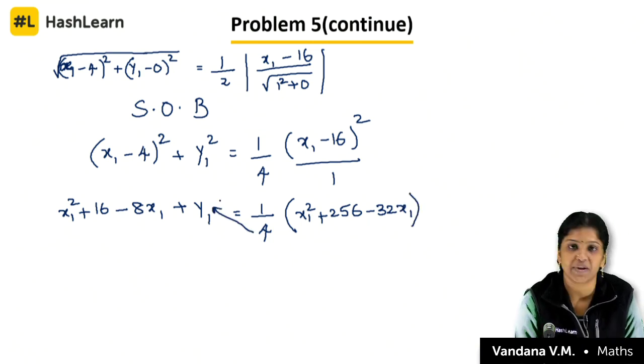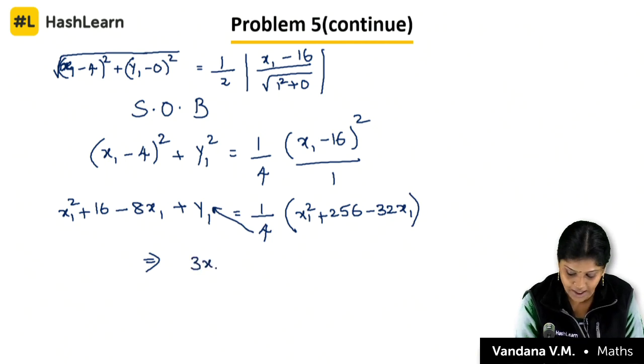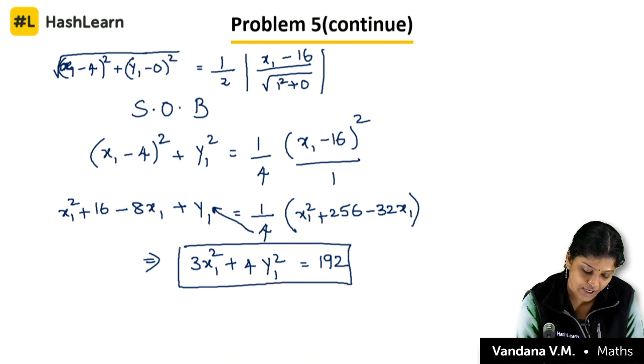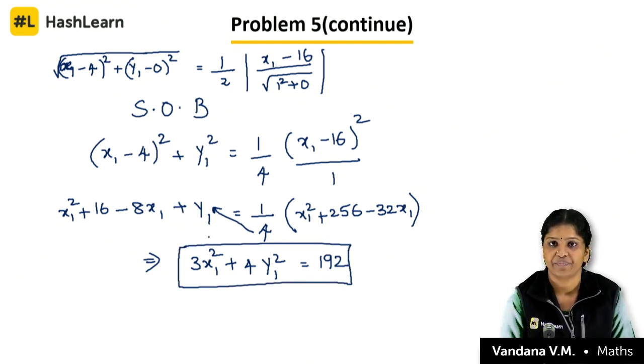Do the cross multiplication, you will get the equation as 3x1 square plus 4y1 square is equal to 192. If you solve this, you will get this equation. Understood, right? Is it clear for you? Yes. Next one.